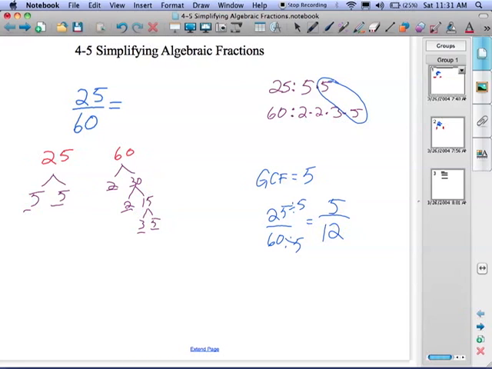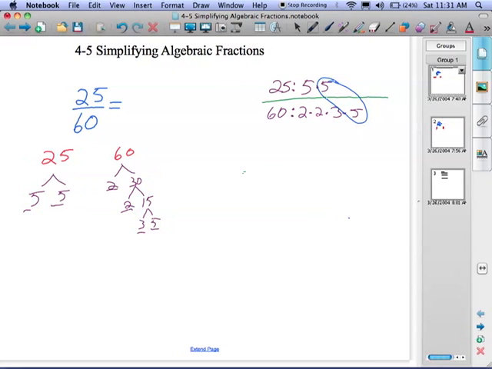But I'm going to show you something that's going to be a trick. It's going to make things a little bit easier for you. So I'm going to back up, and I'm going to erase this little bit of work for finding the GCF, get that out of the way. And then I'm going to go up here to where we have 25 and 60 written in prime factorization. I'm going to draw a line like that.